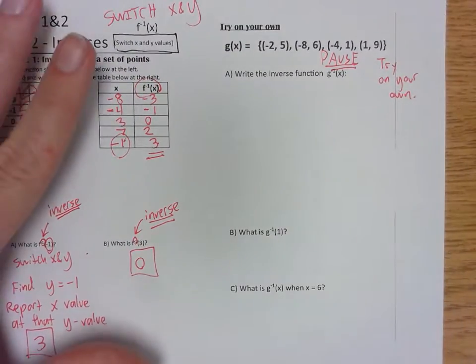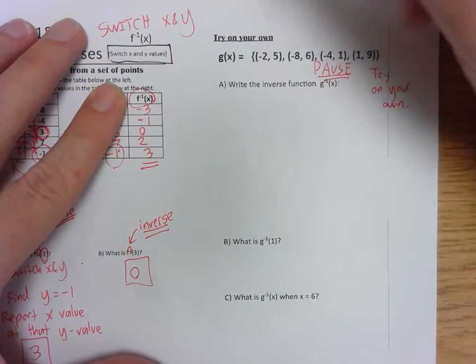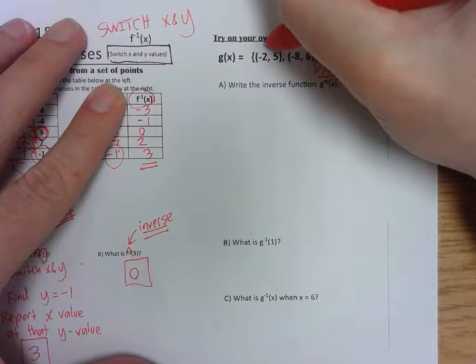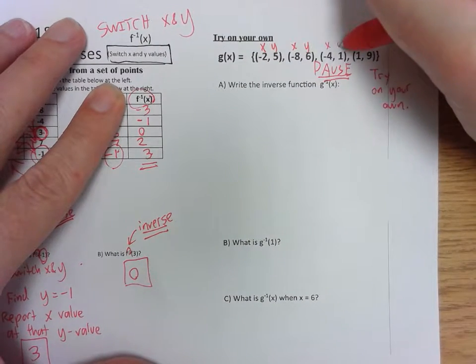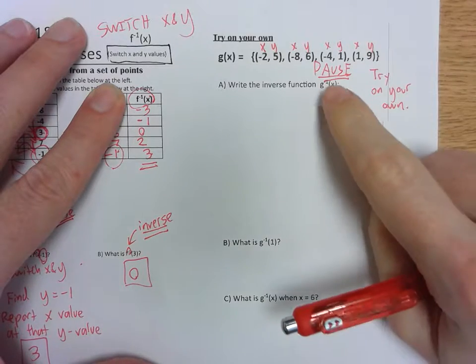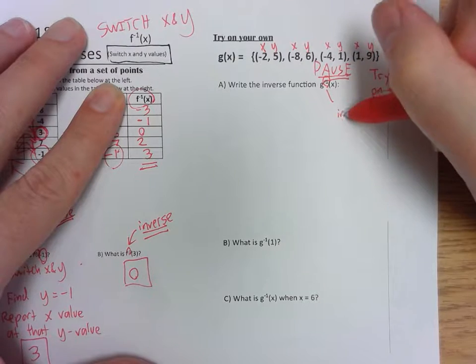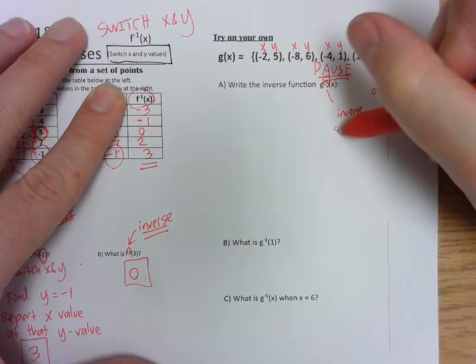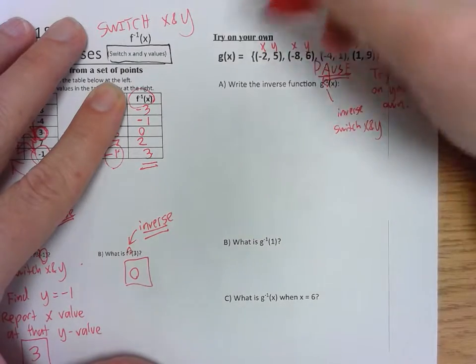Okay, so for starters, when I write an inverse function, the x and y values go in order. So x, y, x, y, x, y, x, y. So writing this inverse function, remember that little -1 means inverse, and inverse means switch x and y. Our function is going to look like this.